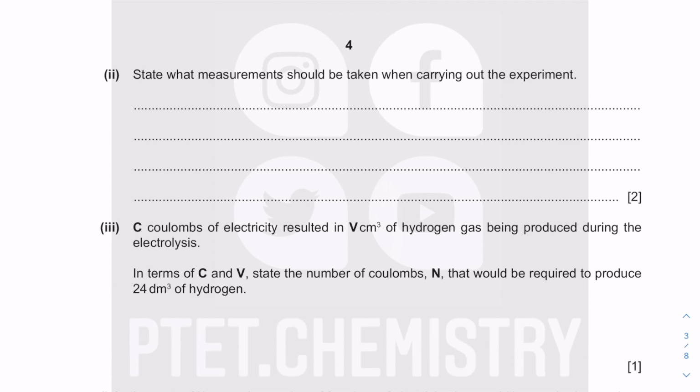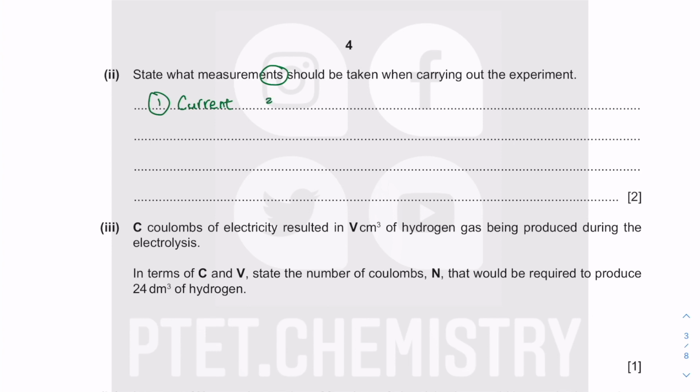Okay, now what measurements do you need to take when you carry out this experiment? So remember that you wanted the ammeter, so the ammeter measures the current that passes through the electrolysis setup.